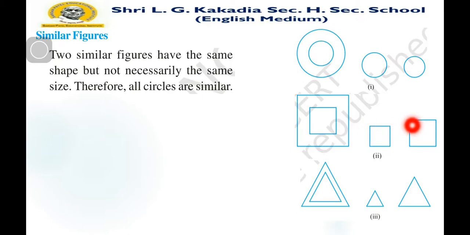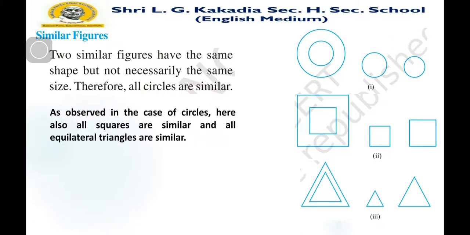Also the squares are similar in shape but not in size. So all circles are similar, all squares are similar, and all equilateral triangles are similar.